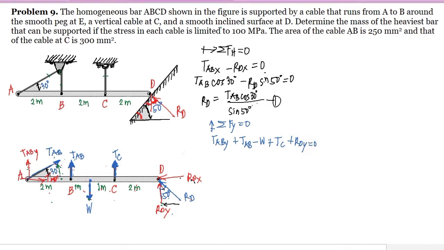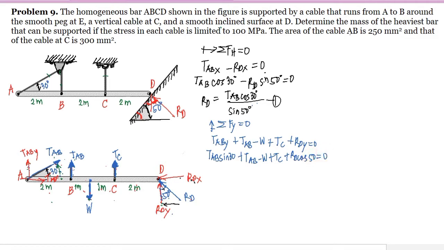For the TABY, the vertical component is opposite of the 30 degrees. So we have TAB sine of 30 plus TAB minus W plus TC. And we have RD, which is the adjacent side of 50 degrees, so it's cosine. So we have RD cosine of 50 equal to 0.